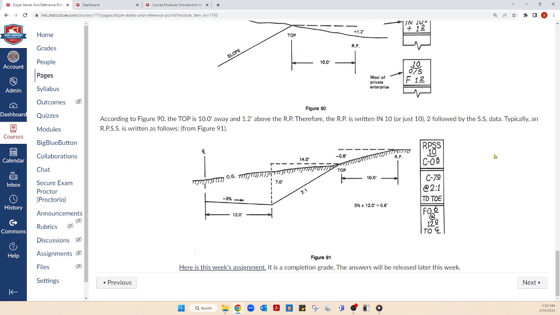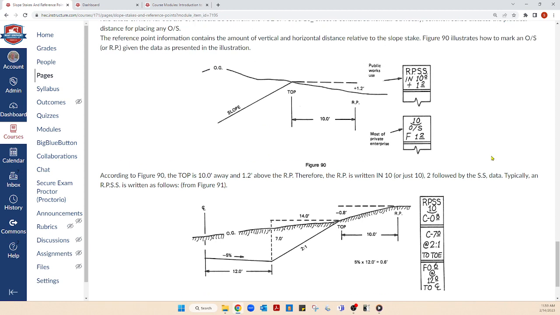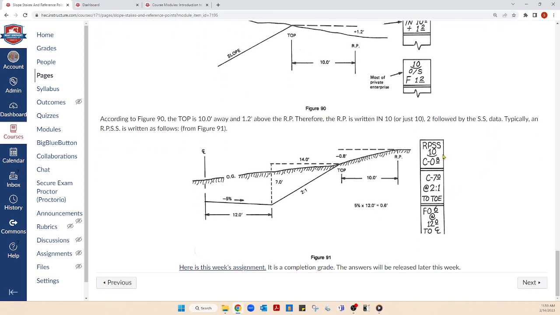Let's see how I can do that. Let's look at this. This is 10 foot here. We're not talking about this anymore. We're talking about this right here. So in 10 foot, this is what I want you to do.